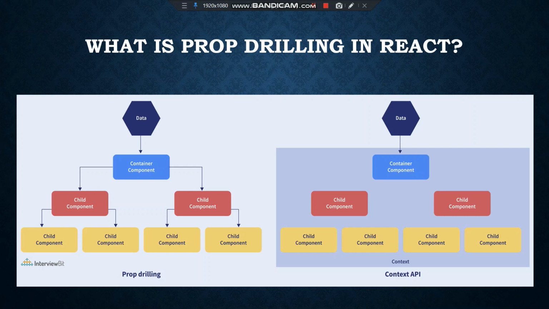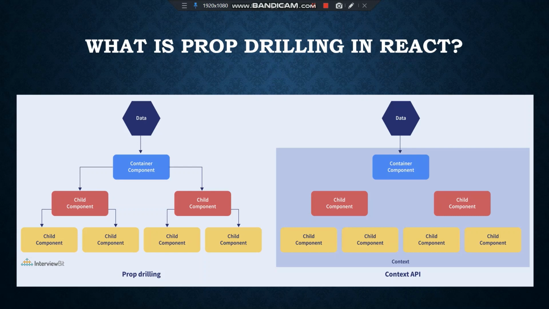To pass data between such components, we pass props from the source component to the component that requires it, and we need to keep passing the prop to the next component in the hierarchy till we reach the deeply nested component. So this is the drawing. You can see the data is here and we have to come through all the components to reach the component which requires the data.